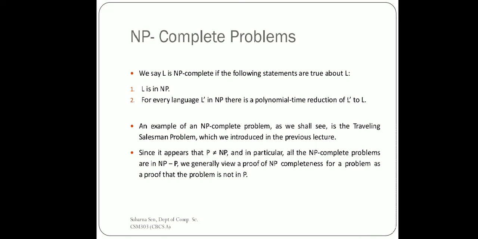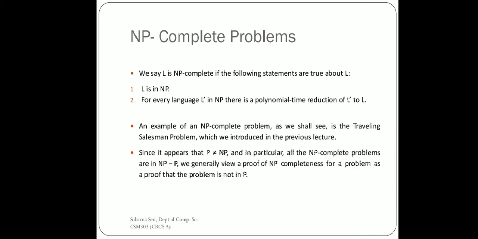Both cases are polynomial. But without this approach, it was something like order of n factorial, which is near 2 to the power cn, so it was exponential. But using a non-deterministic Turing machine we can complete the traveling salesman problem in polynomial amount of time.